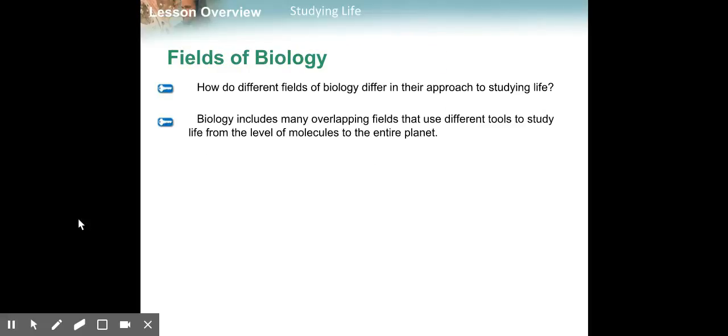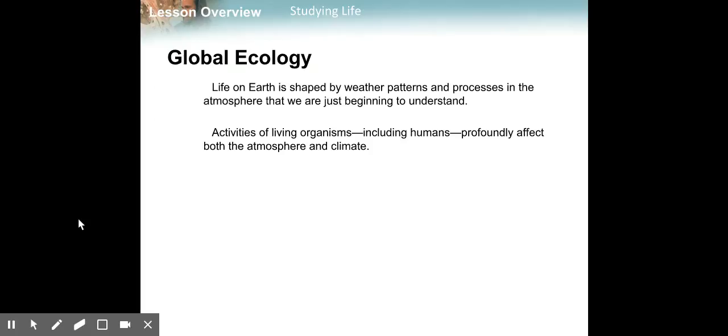Fields of biology. We're just going to skim through this really fast. It's not really something you need to be tested over so much. It's just kind of good to know, maybe something that you would be interested in your future. Global ecology.